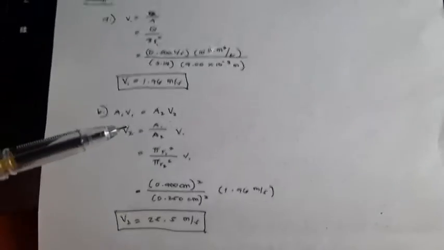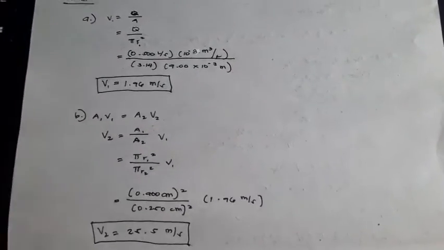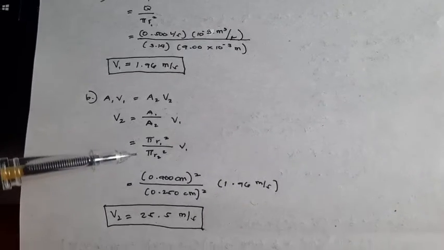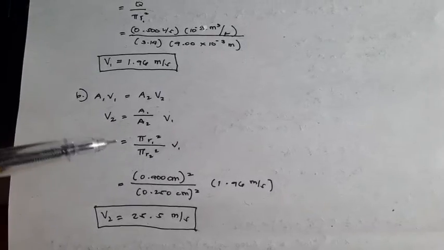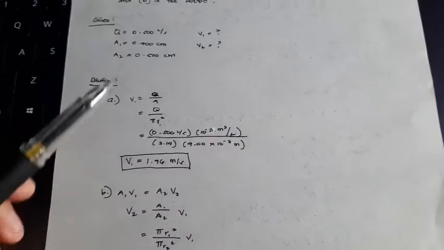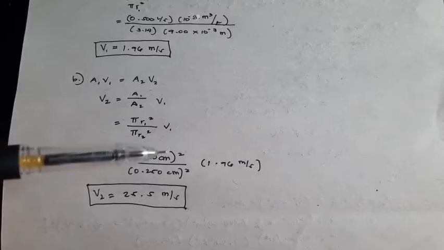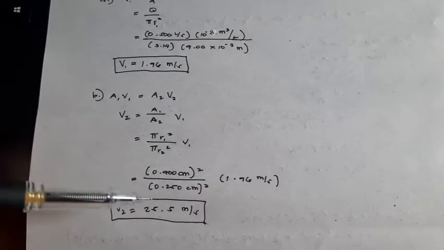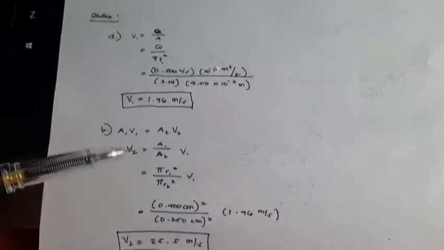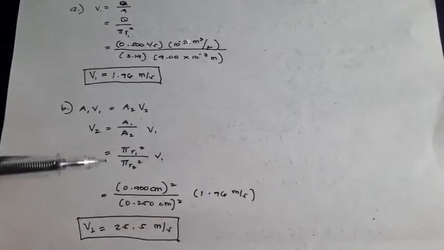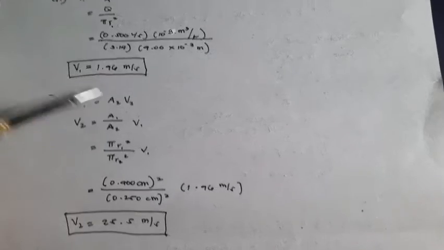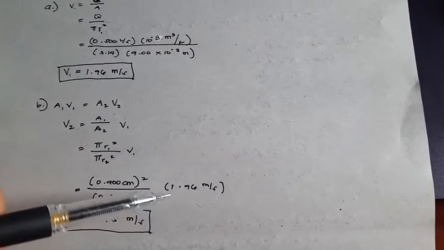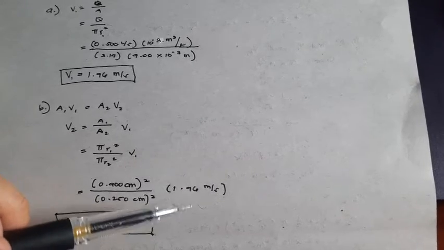So since given naman ang mga value nila, ato lang siya i-substitute. So A1 is equal to 0.900 cm squared over ang atong A2 is equal to 0.250 cm, times ang atong V1. Kanina pangita na nato ang V1, so ato siya i-multiply, 1.96 meter per second.